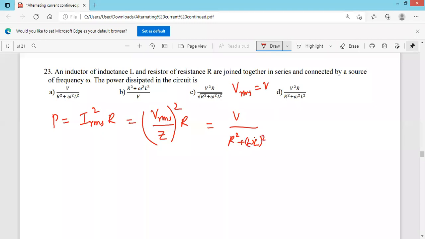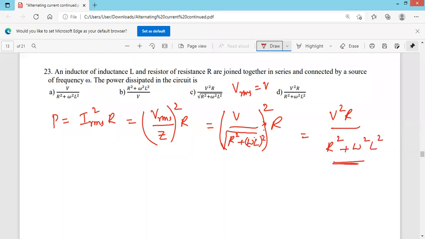So it's V square into R divided by R square plus omega square L square. This is the answer. So option B is the correct answer.